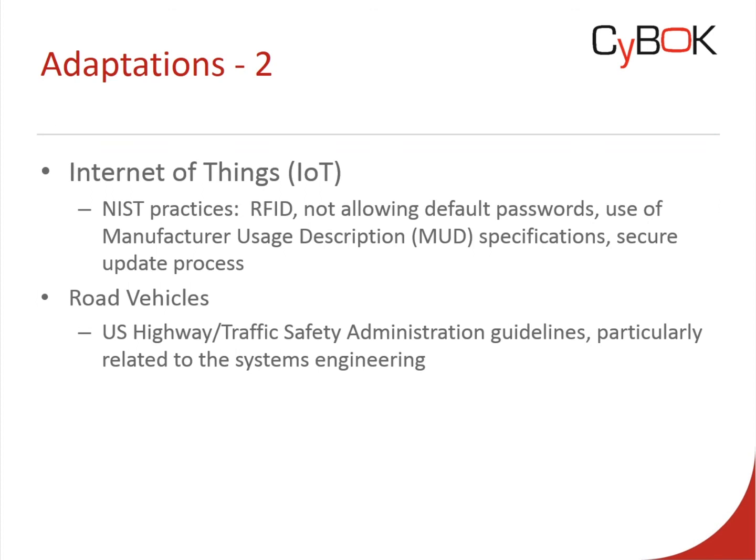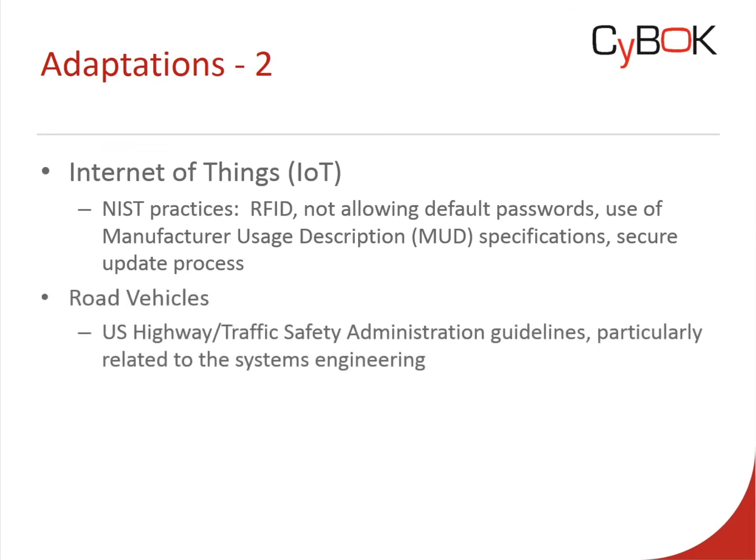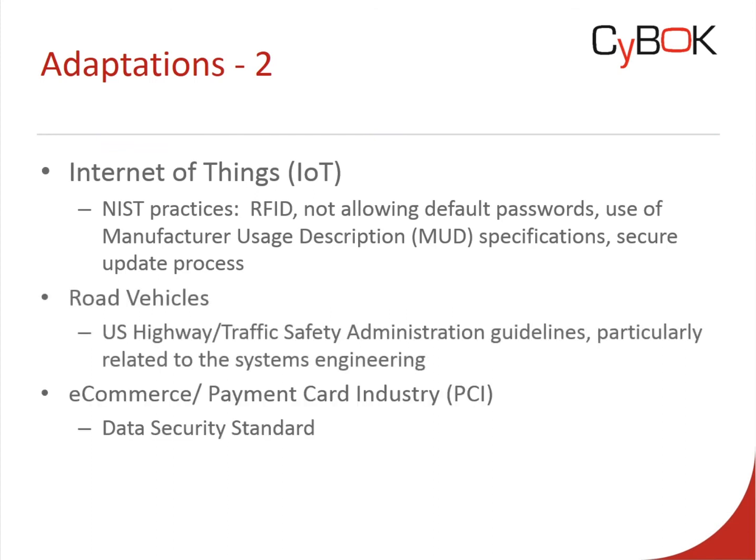What should your requirements look like to have a secure road vehicle system? And then finally, the e-commerce payment card industry, PCI, they have a data security standard, and it really provides some strict guidelines on encryption and use of antivirus software and testing and whatnot in the payment card industry and how that folds into the secure development lifecycle.